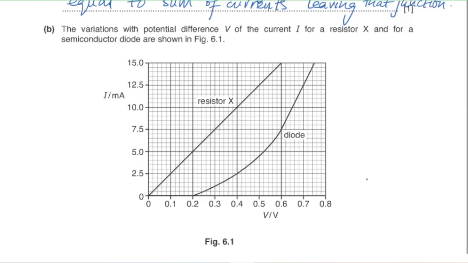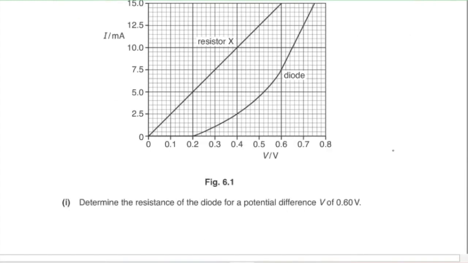Part B, the variations with potential difference V of the current I for a resistor X and for a semiconductor diode are shown in figure 6.1. Part 1, determine the resistance of the diode for a potential difference V of 0.60 volts. So at 0.60 volts, there is 7.5 milliamperes of current, which is basically 7.5 into 10 to the power of negative 3 amperes of current.